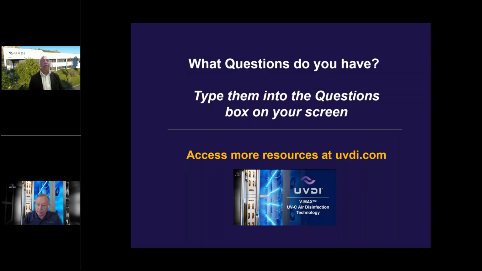If you have a target, say, of 5 air changes per hour, and your CADR rating is giving you only 2 for that room size, maybe you need 2 of those, whether you put it on the floor or you mount it on the ceiling or on the wall. So yeah, the CADR rating helps you figure out how many air cleaners you need, and what air changes per hour your air cleaner is giving for that room size.